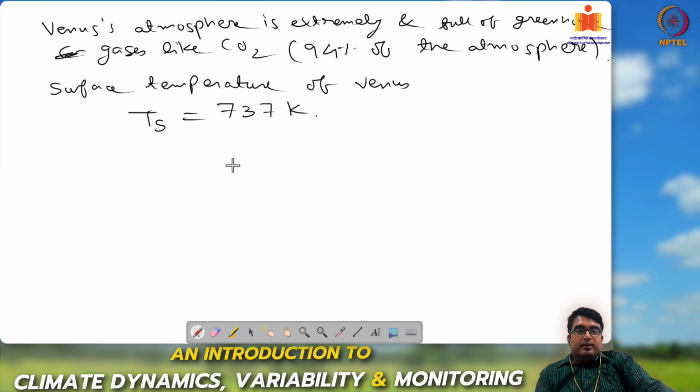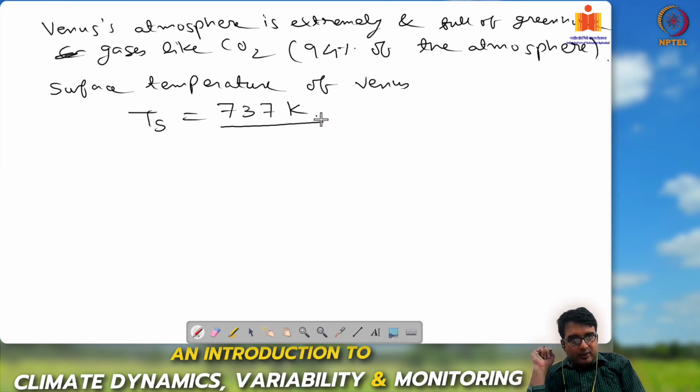So Venus's surface is at a much higher temperature than its emission temperature, which means that we have to use the multiple atmosphere layer theory to explain the surface temperature of Venus. We know that its atmosphere is very thick, full of greenhouse gases. It's perfectly absorbing of all surface emissions, and because of its thickness, we have to assume that it has many layers.